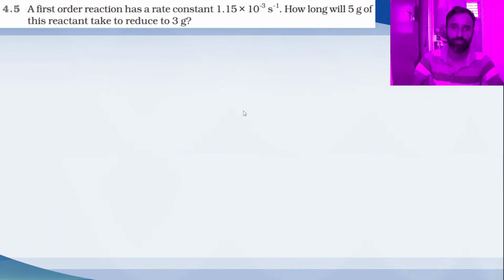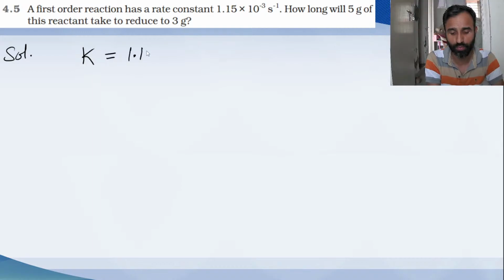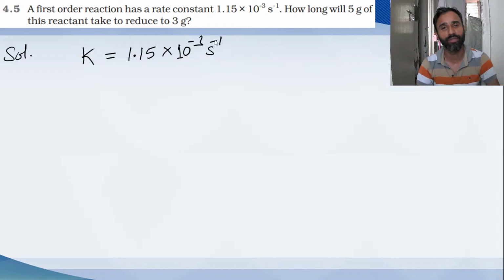Next question. A first order reaction has a rate constant. See, a rate constant is given to you. Rate constant is 1.15 into 10 raised to power minus 3 per second.